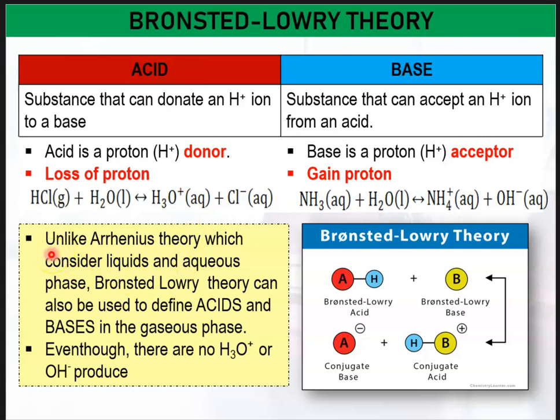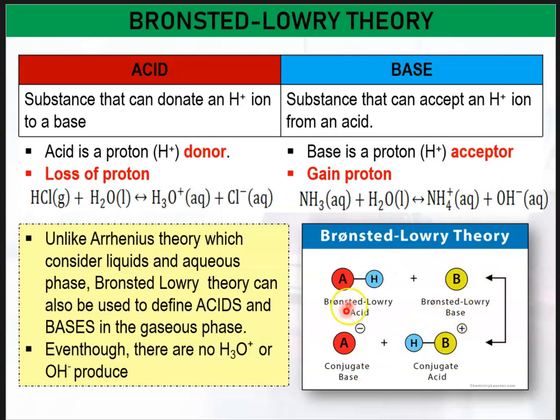So, unlike Arrhenius theory, which considers liquid and aqueous phase only, Bronsted-Lowry theory can also be used to define acid and base in the gaseous phase. Even though there are no hydronium ion or OH produced, this theory still can explain the acidity and basicity of the substance based on the proton donor and proton acceptor.